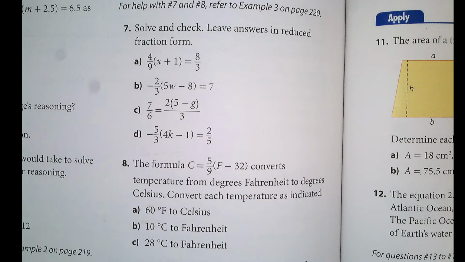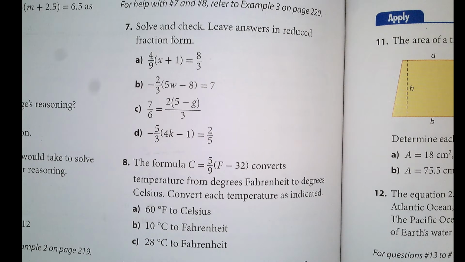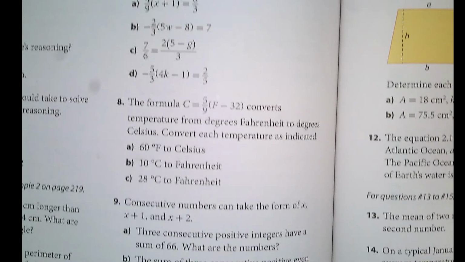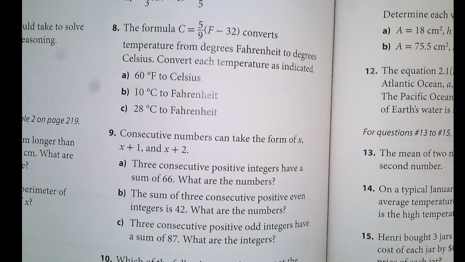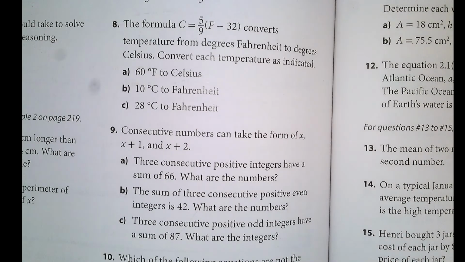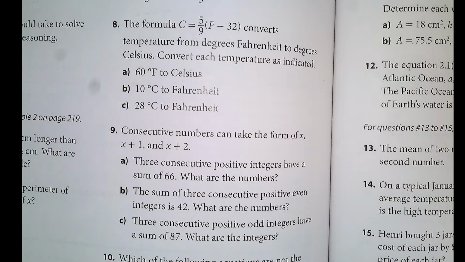That's question 7. Question 8 and 9. Like I said, tomorrow we're going to start the first level of word problem.